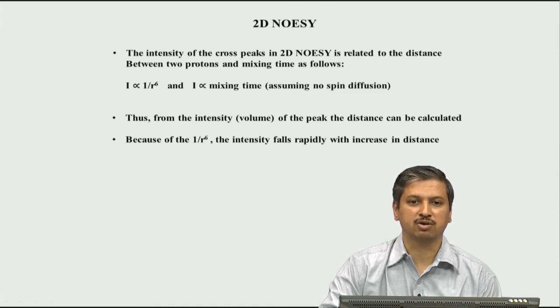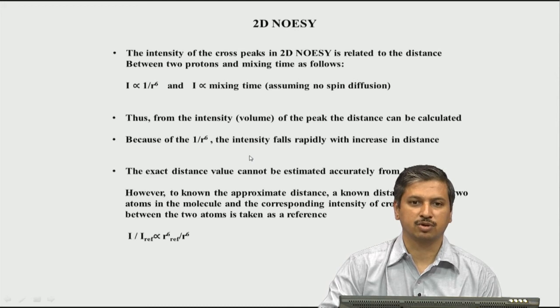There will be an order of magnitude difference, so the peak intensity falls by about 10 times if I go from 6 to 7 angstroms. Therefore, there is a sharp decrease in the intensity of the peak as the distance increases. Because of this, we can safely say that peaks seen in the NOESY spectrum are within 5 to 6 angstroms.